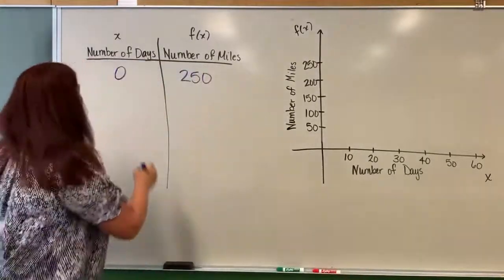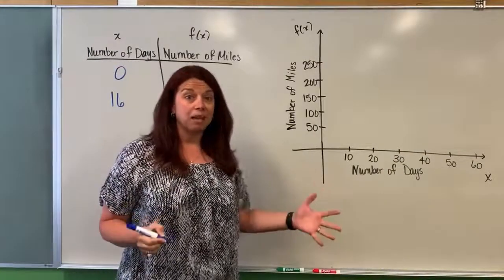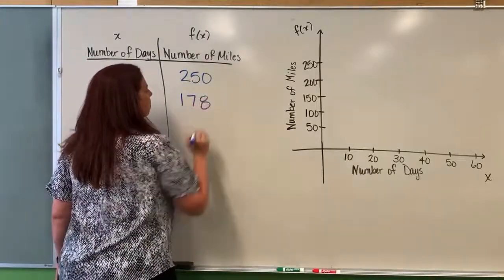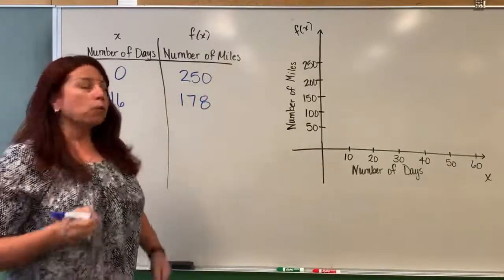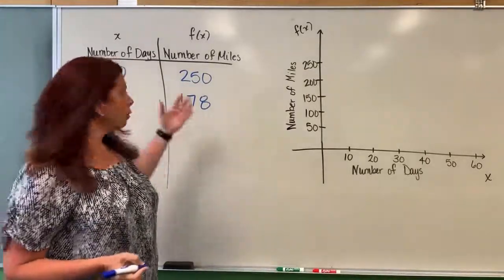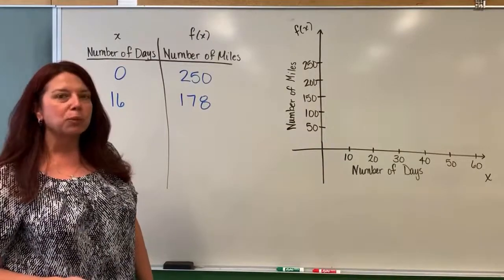We also know that after 16 days, sitting unplugged, we have only 178 miles left. So we're curious what is actually going on, and in what way are those miles draining out of our Tesla Model 3? We're going to explore that.